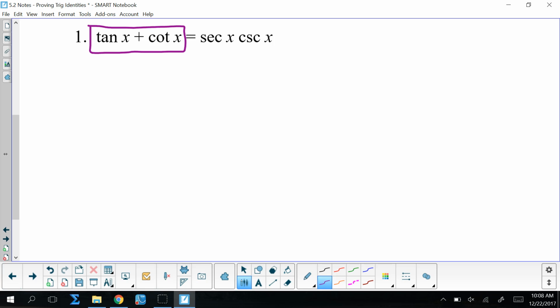Tangent. What is tangent? Sine over cosine. Cotangent. What is cotangent? Cosine over sine. Common denominator. What's going to be my common denominator?